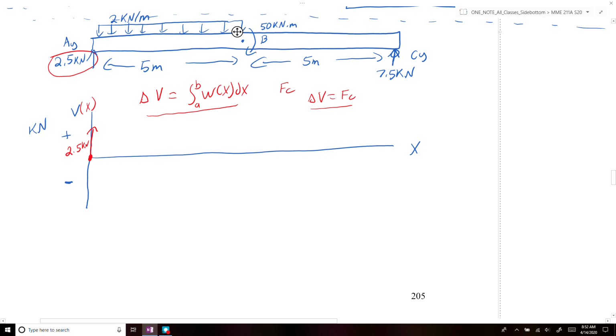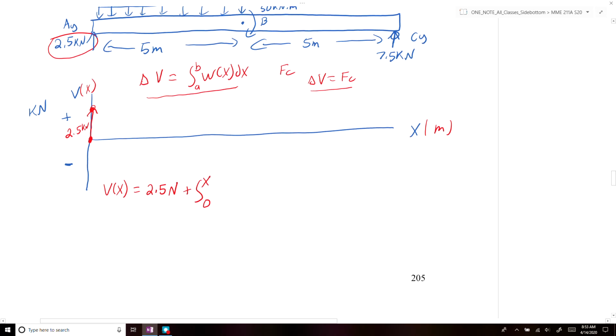So we can write V of x as being equal to the current value of our shear load, which is 2.5 kilonewtons, plus the integral from our starting point, which is at x equal to 0, to our end point, which is anywhere from point A to point B, so we'll call it x.